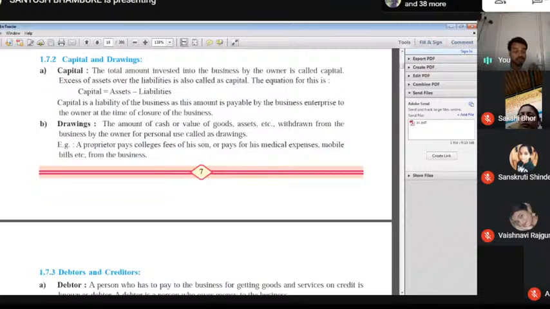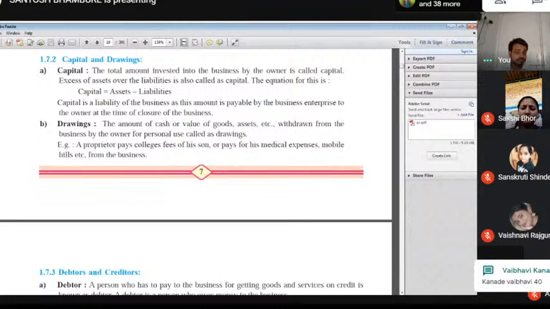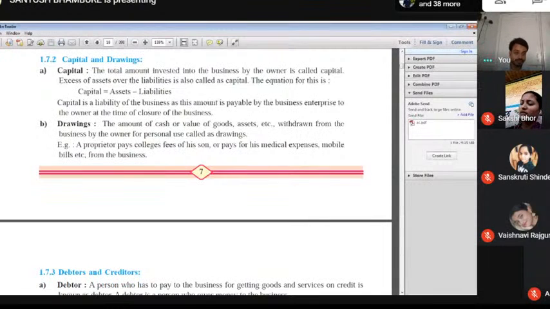It means amount or things withdrawn from the business by the owner. Yes, Nitin, do you understand? Yes, sir. Okay, can you give me one example? If I have a shop and suddenly rain has come.